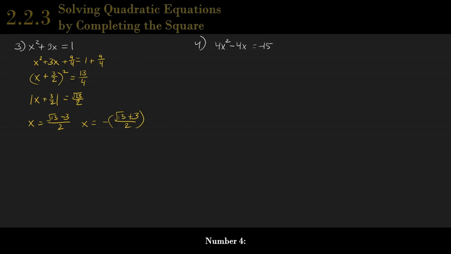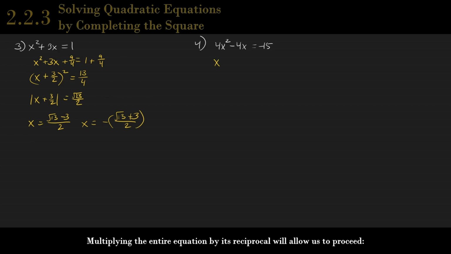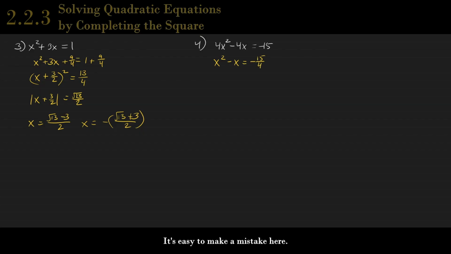Number 4. 4x squared minus 4x equals negative 15. Our final example has a 4 multiplied to a square term. Multiplying the entire equation by its reciprocal will allow us to proceed. x squared minus x equals negative 15 over 4. It's easy to make a mistake here. Don't forget to take half of the second term before you square it.